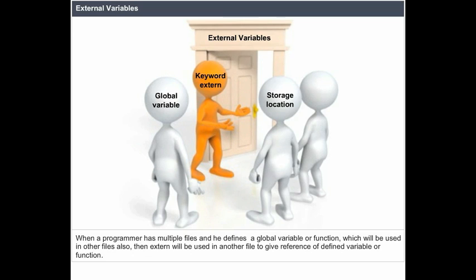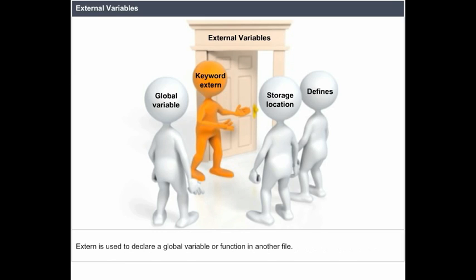When a programmer has multiple files and defines a global variable or function which will be used in other files also, then extern will be used in another file to give reference of the defined variable or function. Extern is used to declare a global variable or a function in another file.